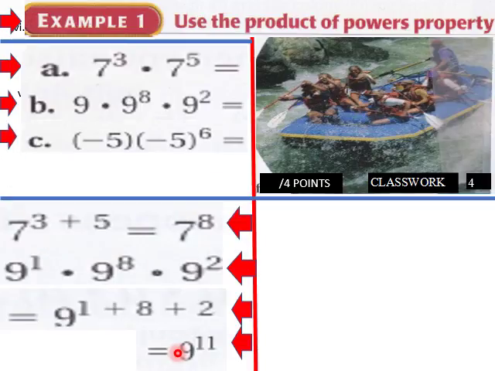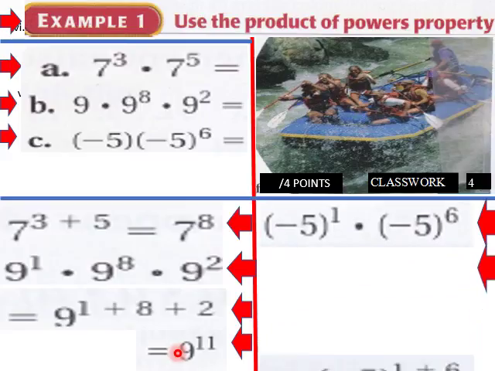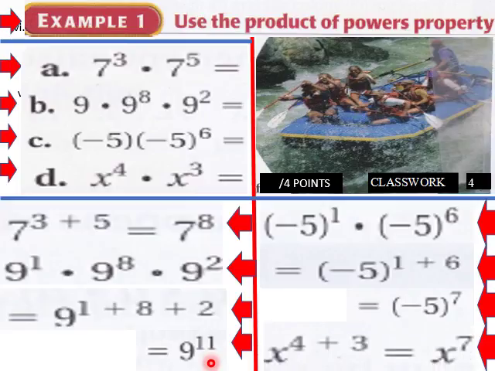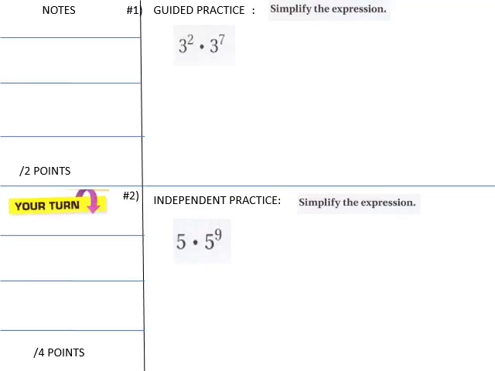And then C, negative 5 times negative 5 to the 6th. Again, we just add our exponents. Negative 5 to the 7th. And then D is x to the 4th times x cubed. And we get x to the 7th.